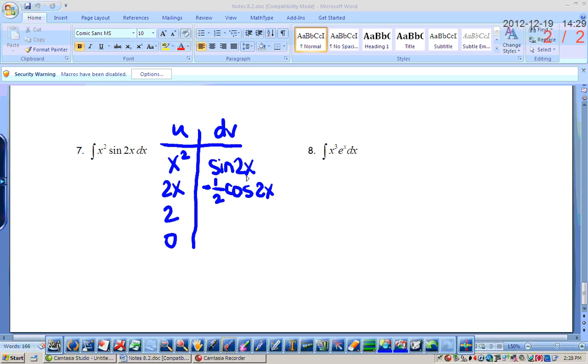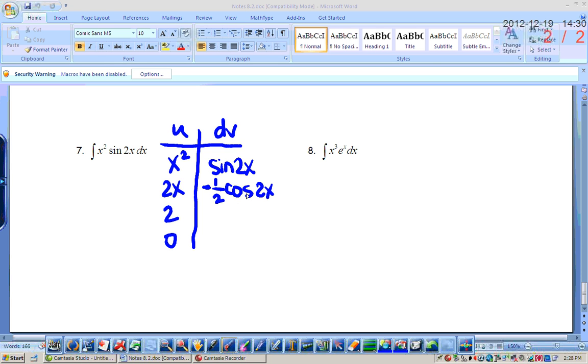And you could always have let u be 2x and done a u substitution here. But another way to think about it is the derivative of cosine 2x is negative sine 2x times the 2 because of the derivative of 2x. So we need that 1/2 to compensate for that.